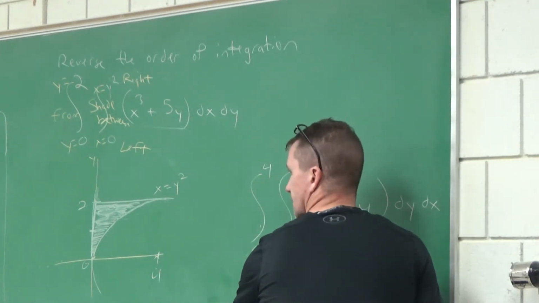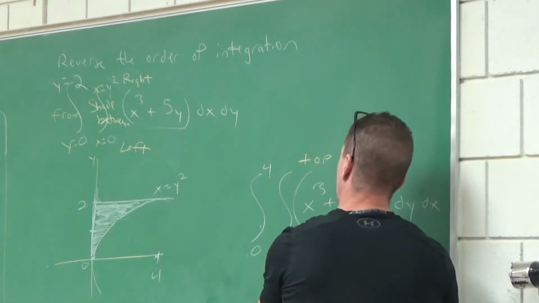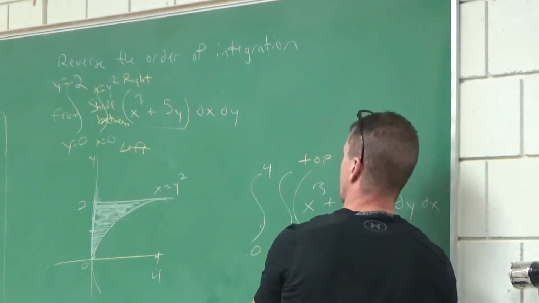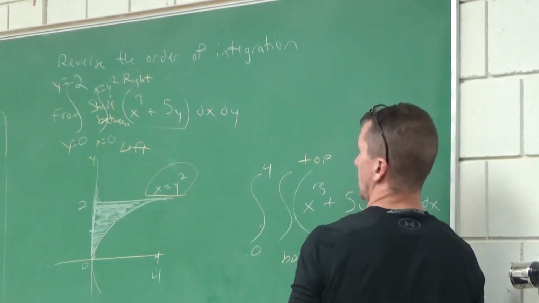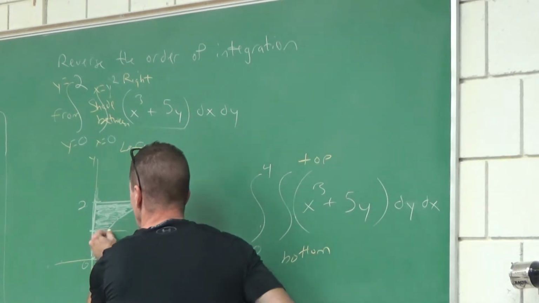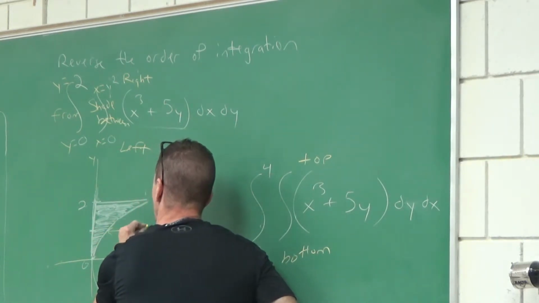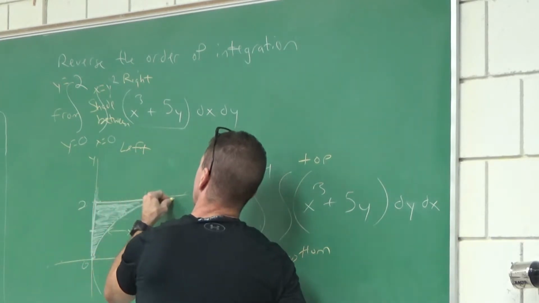Okay. This is going to be a y equation. Who's on the top? And who's on the bottom? The top is this flat line, which was x equals y squared, right? Here's your top.